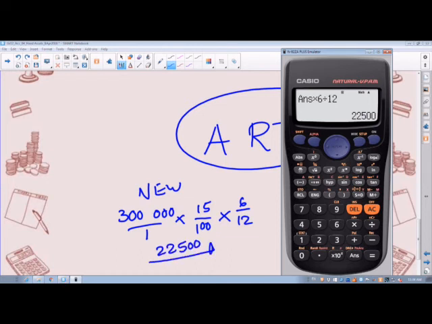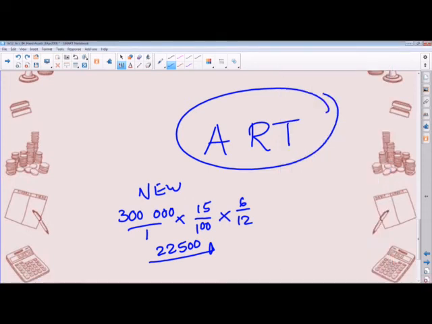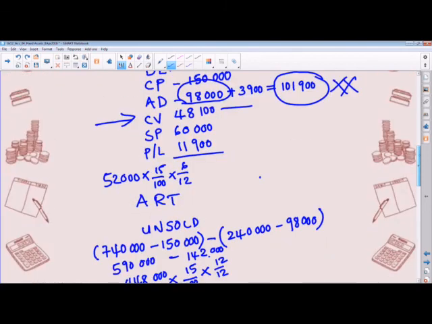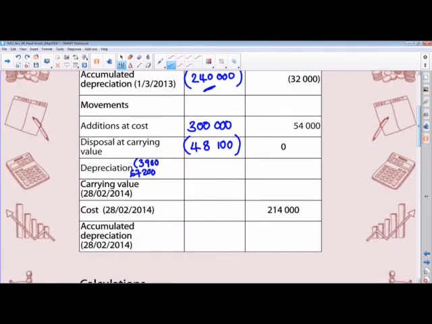What is this? The depreciation on my new vehicle. Right, let's go back. Let's put in that component now, plus 22,500.